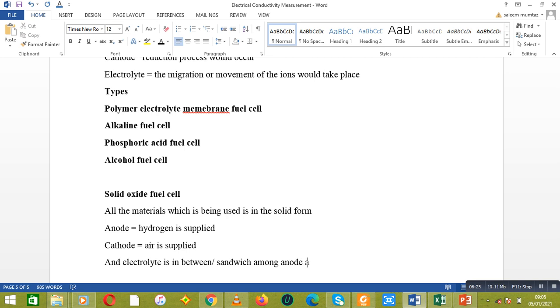So this is the solid oxide fuel cell pellet, which is just like a button. The solid oxide fuel cell is abbreviated as SOFC.